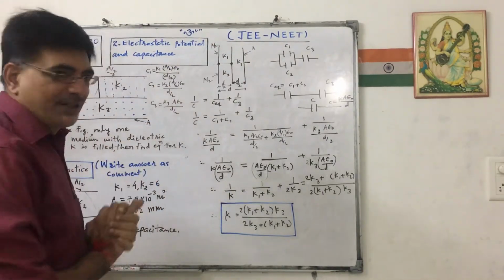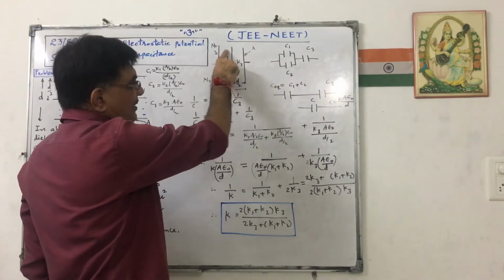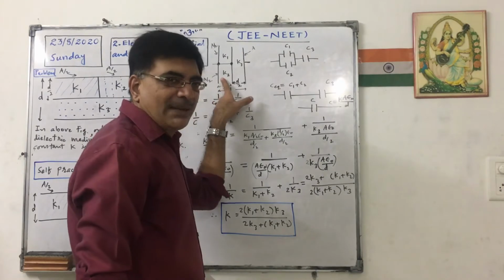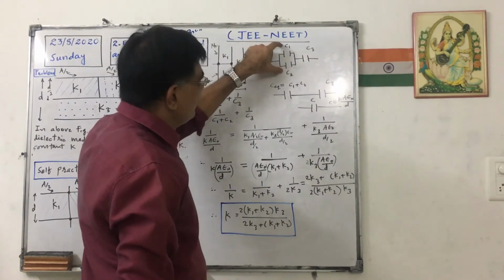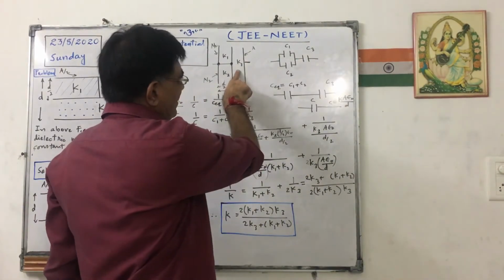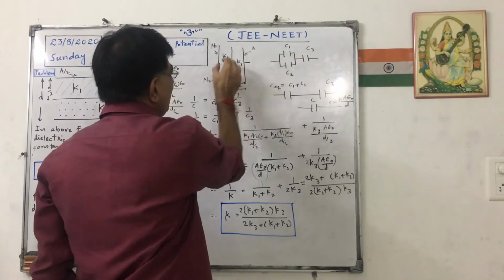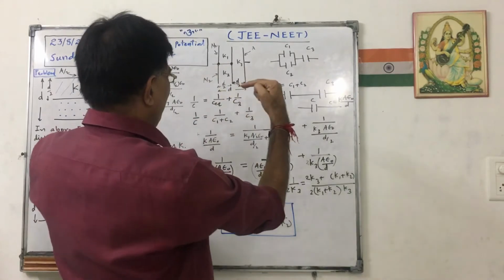This is the arrangement. Now see, this is the first capacitor, having capacitance C1. This is another capacitor having capacitance C2. So C1 and C2 are in parallel, because between these two capacitors two points are common.